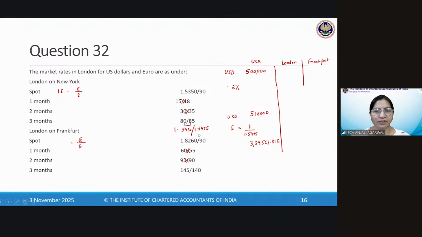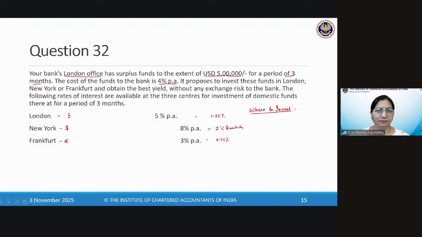Look at the question again. London office. So do the calculations in pounds. Surplus funds are lying in USD, 3 months. Proposes to invest in London, New York, or Frankfurt.